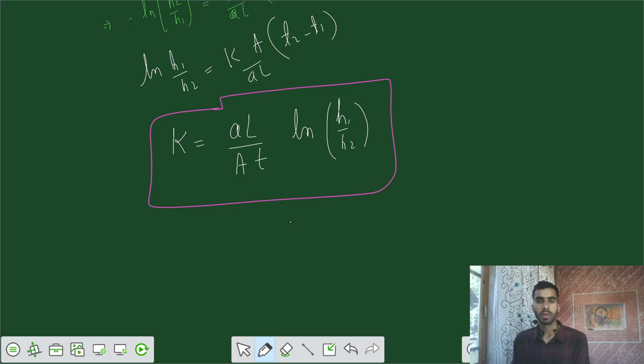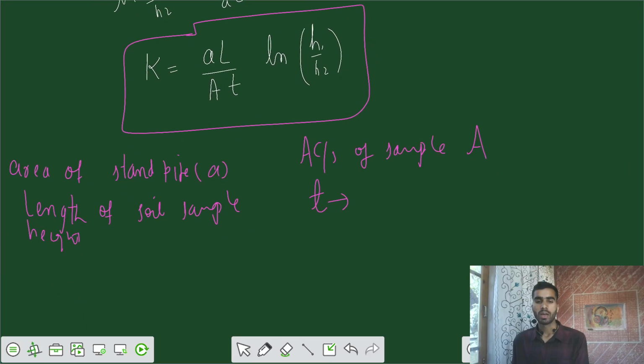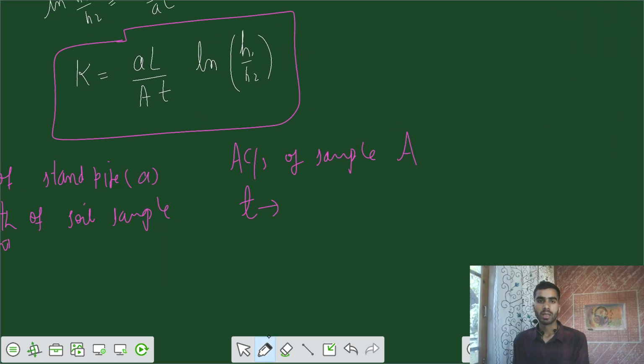That would be equal to the area of the standpipe, small a, times the length of the soil sample, or we can write the height of the soil sample, divided by the area of the cross section of the soil sample, A, and your time t.